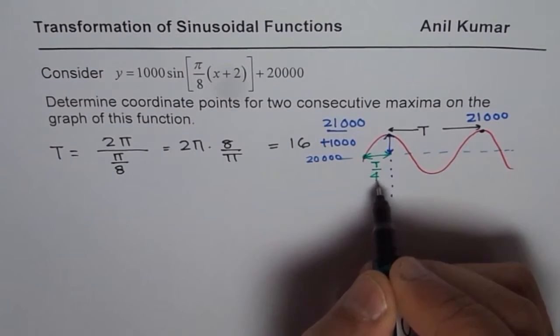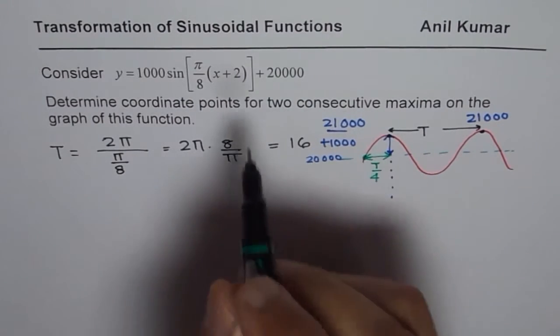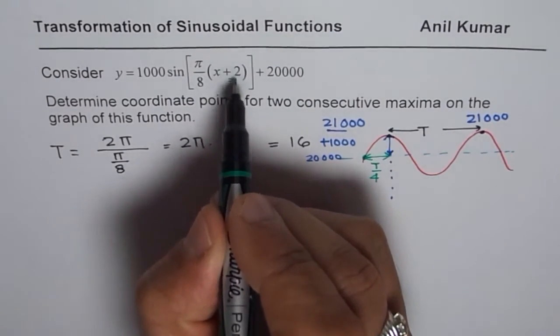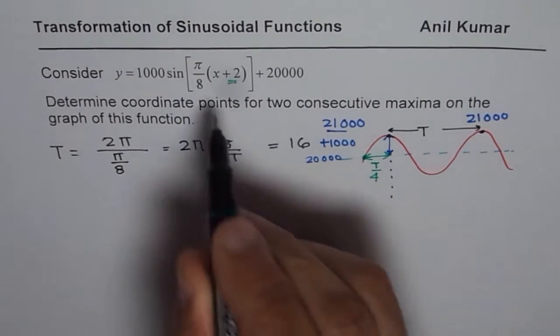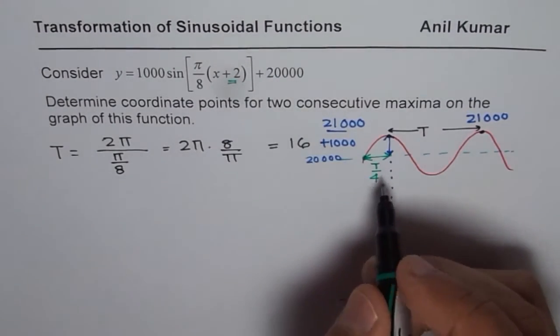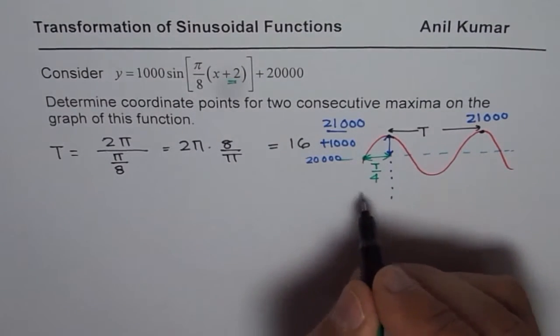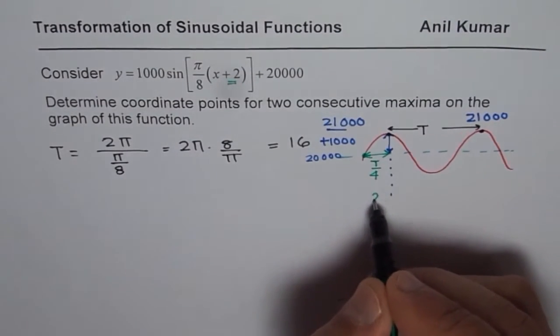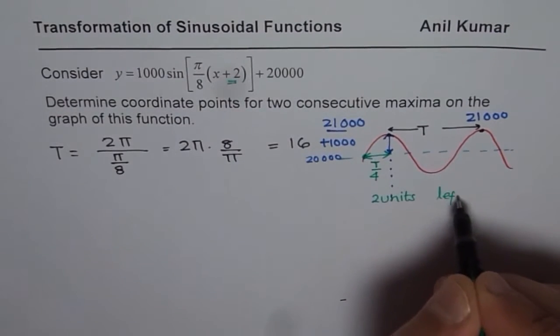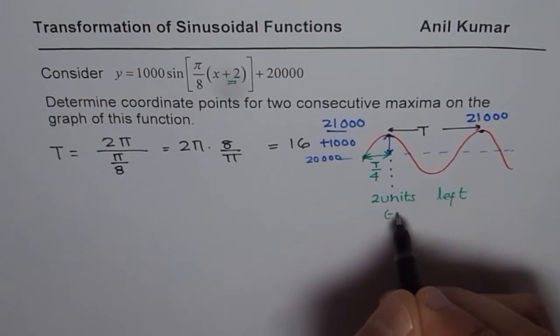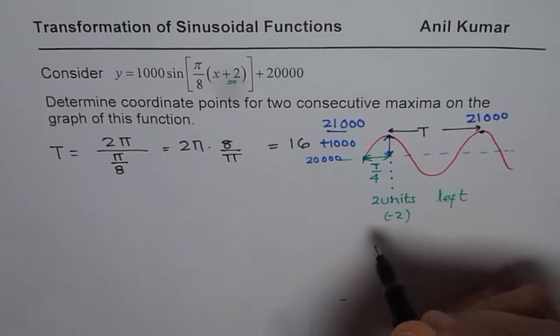That is the first thing. Second, what we also know is there's a phase shift of plus 2. That means it has moved 2 units to the left. So quarter of the distance, and then we know it moves 2 units left. That is the transformation. So we'll do minus 2 from the x value.